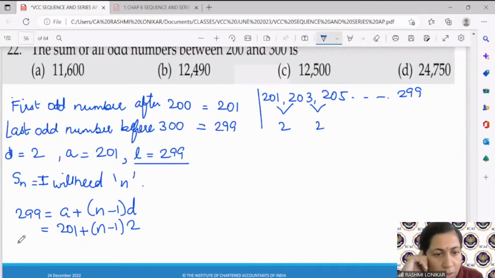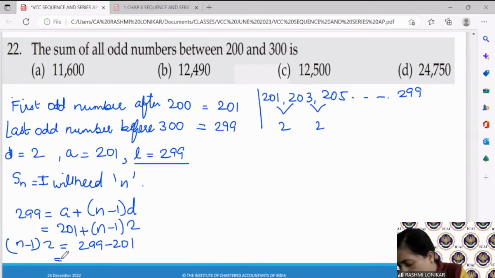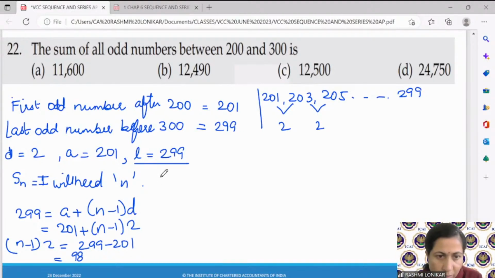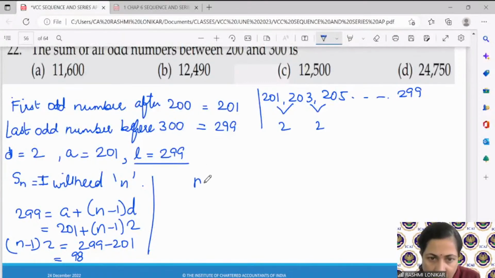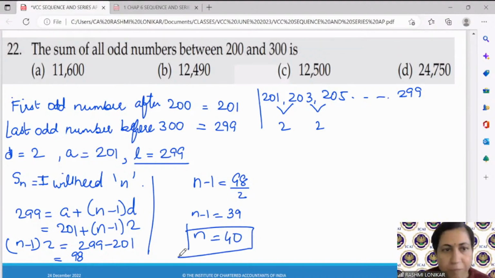So n minus 1 into 2 is equal to 299 minus 201. How much is 299 minus 201? 98. Okay. So I have n minus 1 will be equal to 98 upon 2. So n minus 1 is equal to 39. So n is equal to 40. Because minus 1, when it comes to this side, it will become plus 1. So n is 40. Okay, so I now have the value of n.